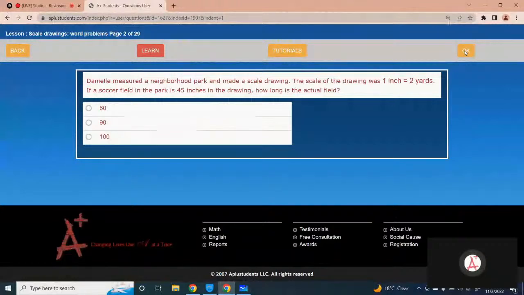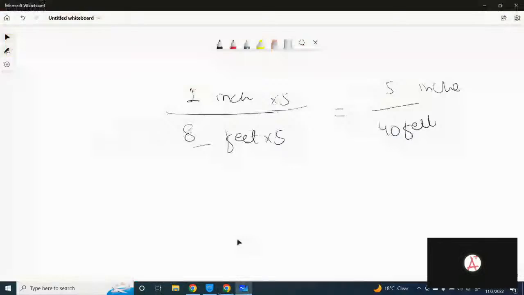Got it? Okay, Daniel measured a neighborhood park and made a scale drawing. The scale of the drawing is 1 inch to 2 yards. Got it? It would be 1 inch to 2 yards.